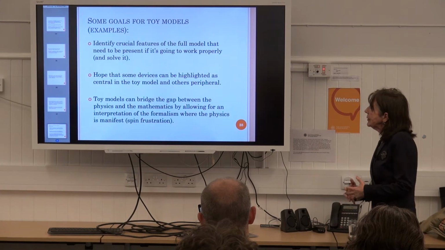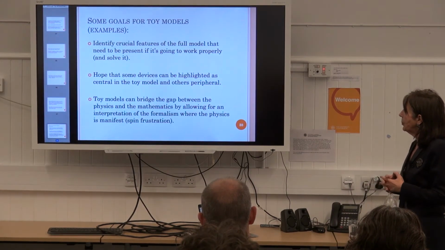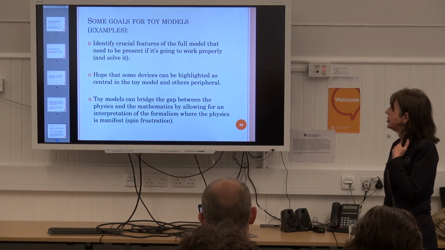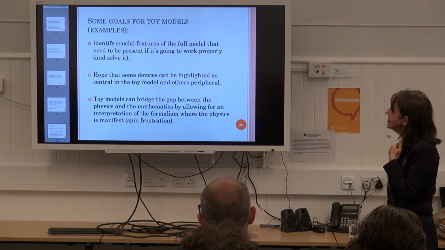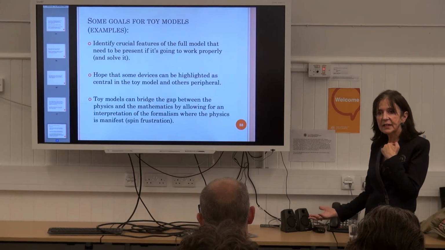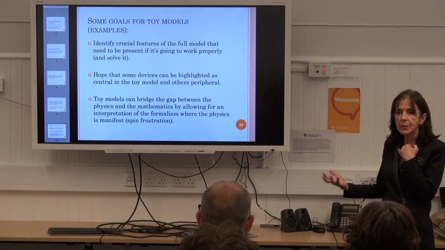So I think then some of the goals for toy models, based on the examples that I just discussed, are these. They help you identify crucial features of a full model that need to be present if the toy is going to work properly. So in both of these cases, you need to know what's making the toy work.